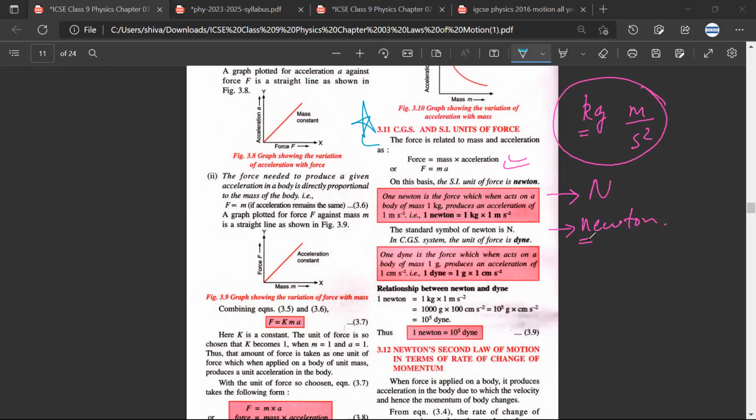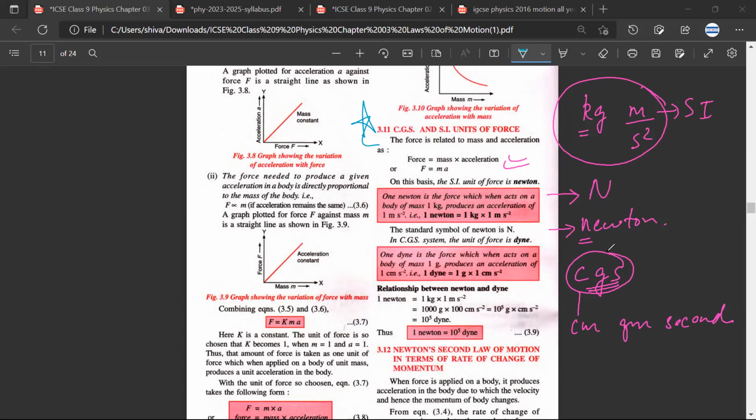Now, this is called the SI unit. There is another unit system which is called CGS. CGS implies centimeter, gram, and second. Usually they don't ask any question on CGS; I haven't seen any question asked on CGS in IGCSE.